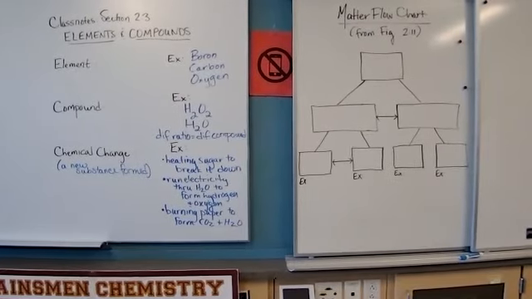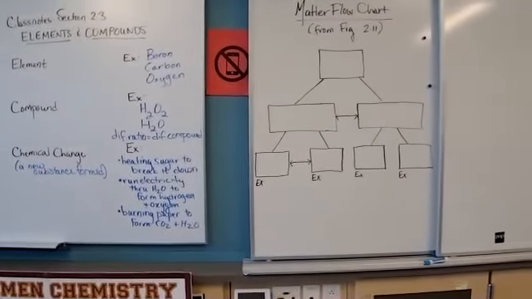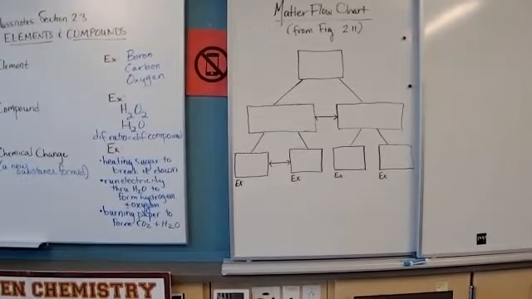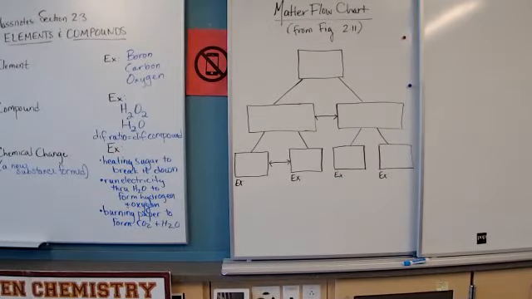Next, we're going to look at the matter flow chart at the bottom of the page of the 2.3 notes, the beginning pages describing elements and compounds. This is really key.